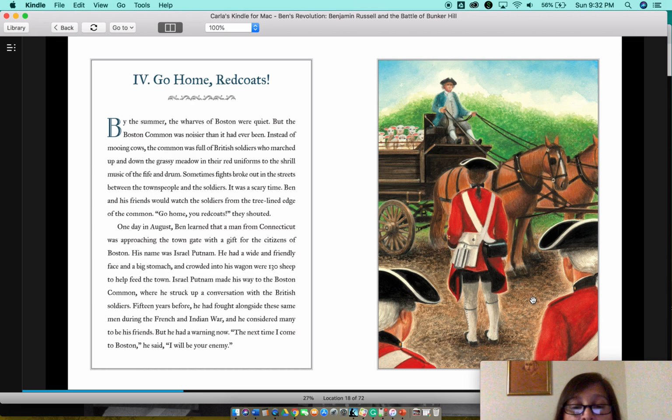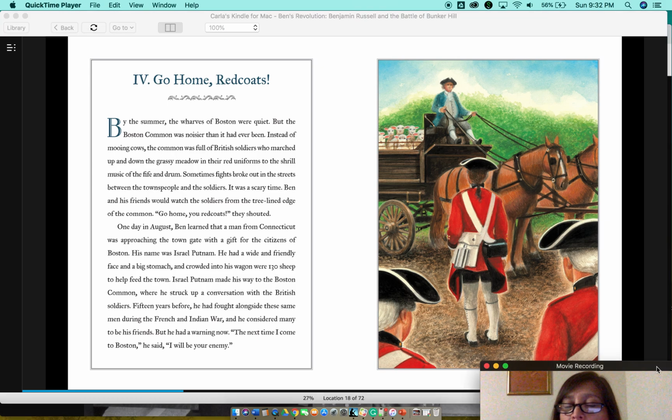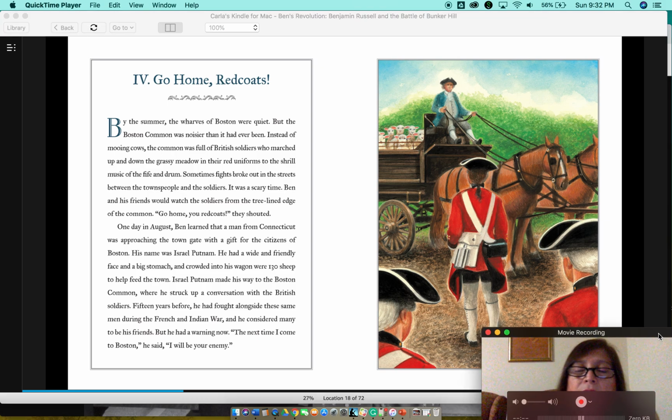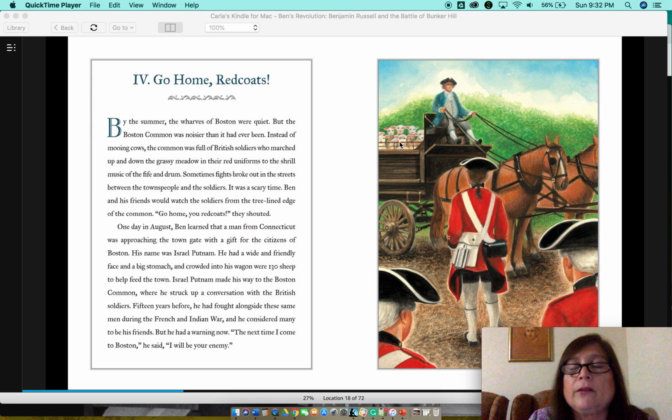"The next time I come to Boston," he said, "I'll be your enemy." Because he doesn't agree with the taxation given to the people of Boston, Massachusetts. So he's bringing some sheep to feed the people because, as we know, the ships can't come in or out.